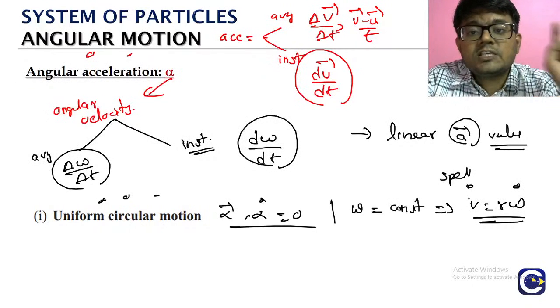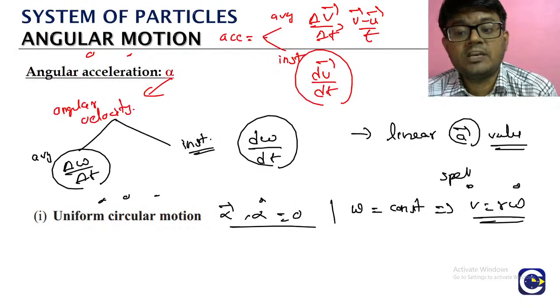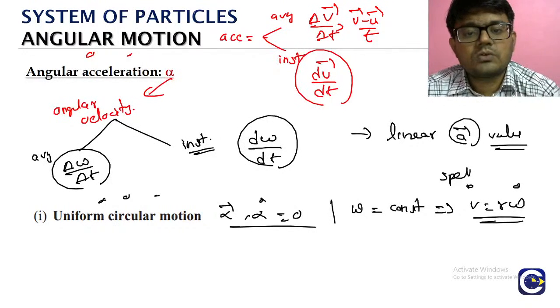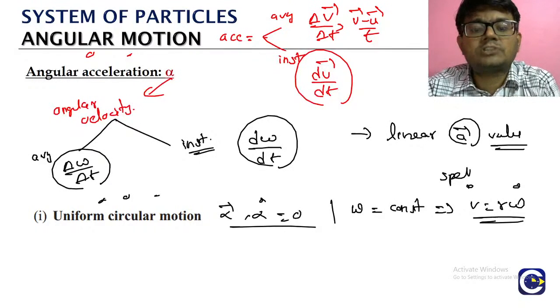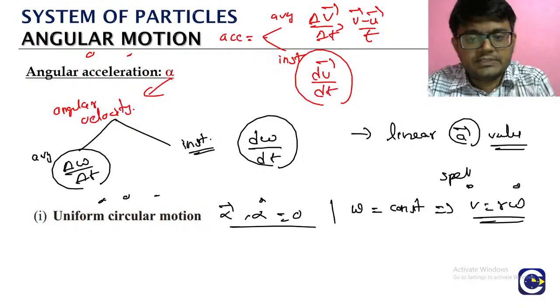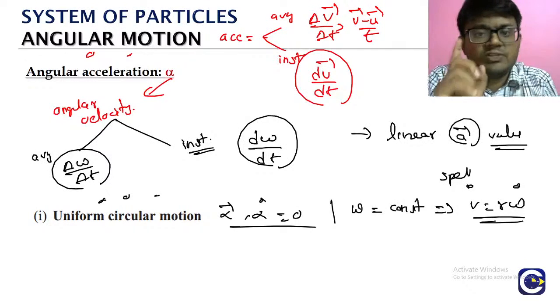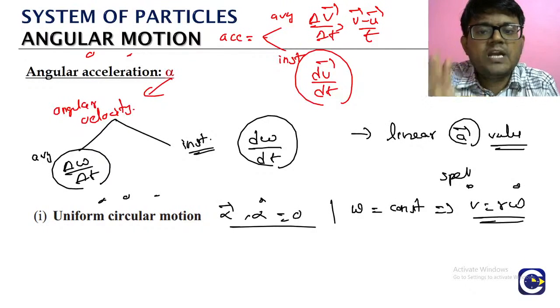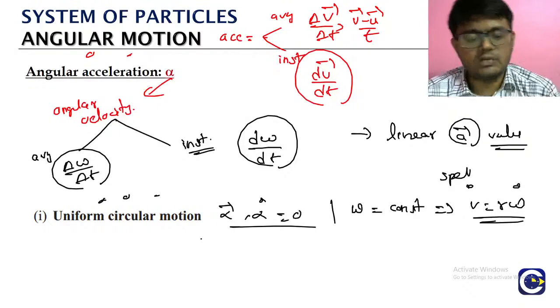So the speed of the particle in circular motion will remain constant. We are not saying velocity remains constant, only the speed value remains constant. That is what we call uniform circular motion.